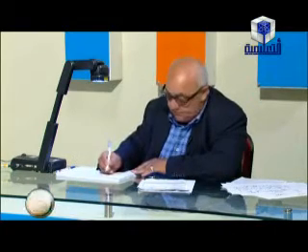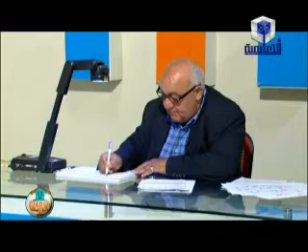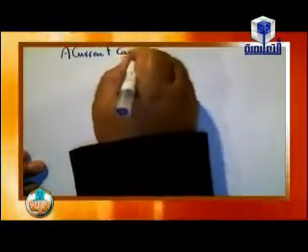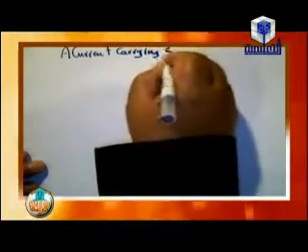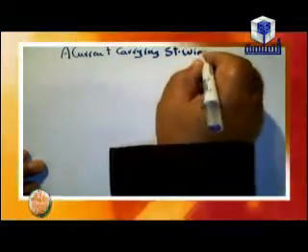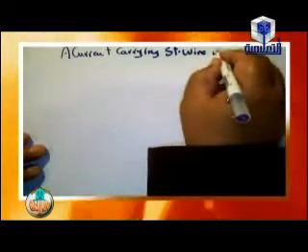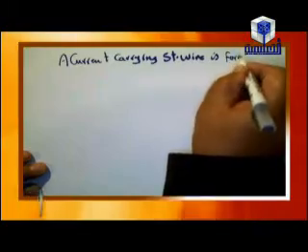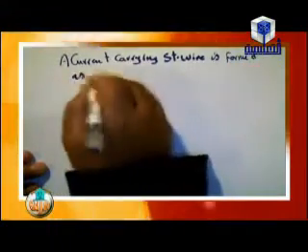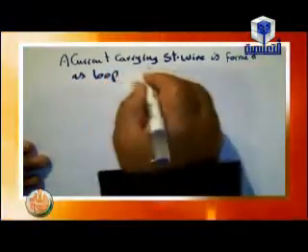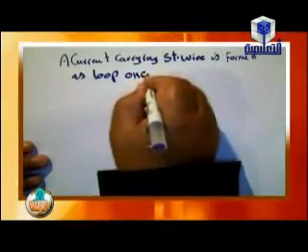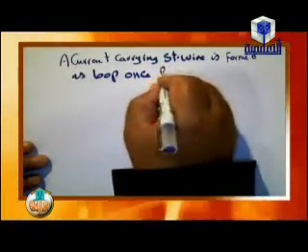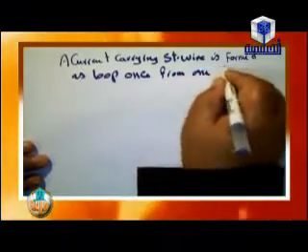Two coils carrying current. A straight wire is formed as a loop, once from one turn.